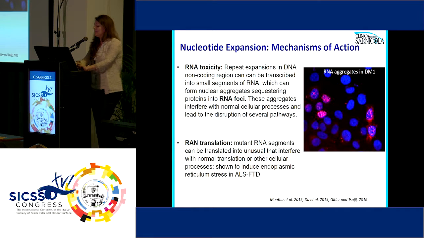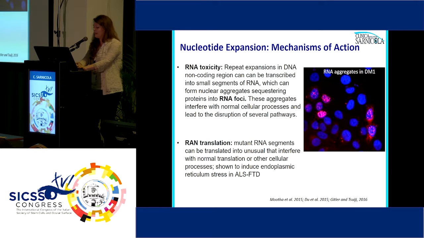Okay, going back to nucleotide expansion, although they are found in an intron region that is not supposed to be coding, these are transcribed into small DNA sequences sequestering proteins which play a key role for cell homeostasis, and into RNA foci, the ones identified in red in the image. Two works by Mutha and Gittler and collaborators in 2015 have shown their role in Fuchs dystrophy.